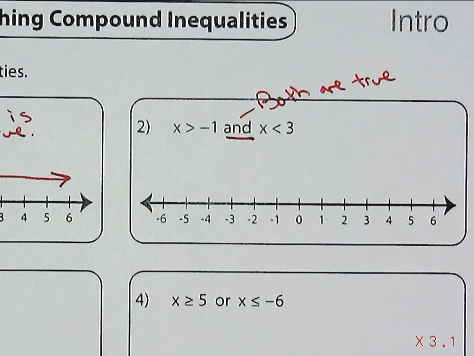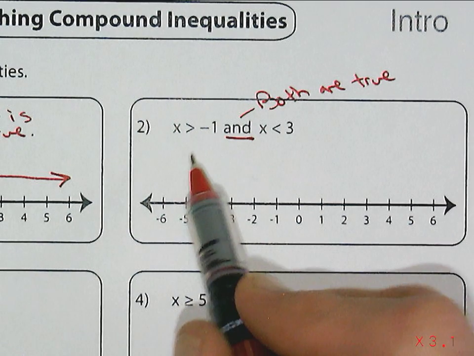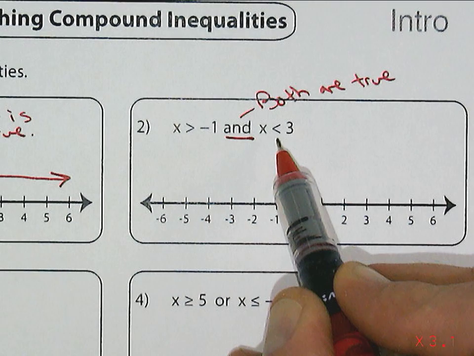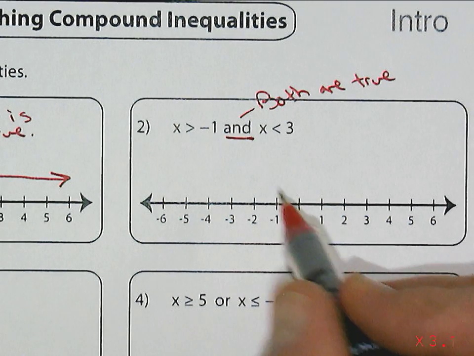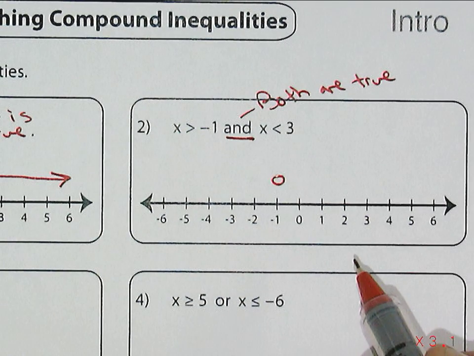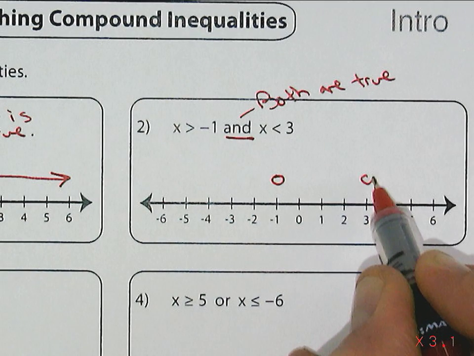So when you say and, this and that both have to be true. When I say x is greater than -1 and x is less than 3, we have x greater than -1, there's the -1, and x less than 3, there's the 3.